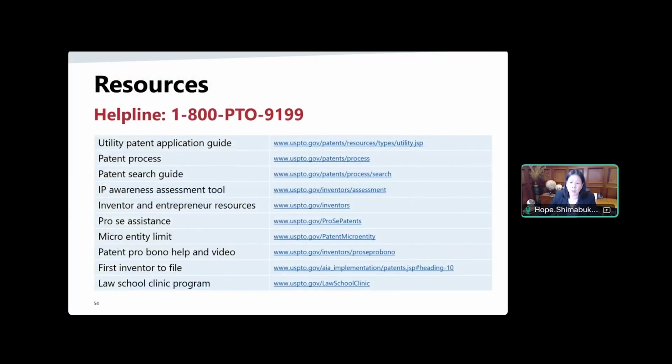And finally, here's just a list of resources that may be helpful for you as you're going through your patent journey. We have links to the application guide as well as the checklist that we mentioned before, but we also have a guide to patent searching, resources for different inventors, the Pro Se Assistance Center, as well as the micro entity information that we talked about before.